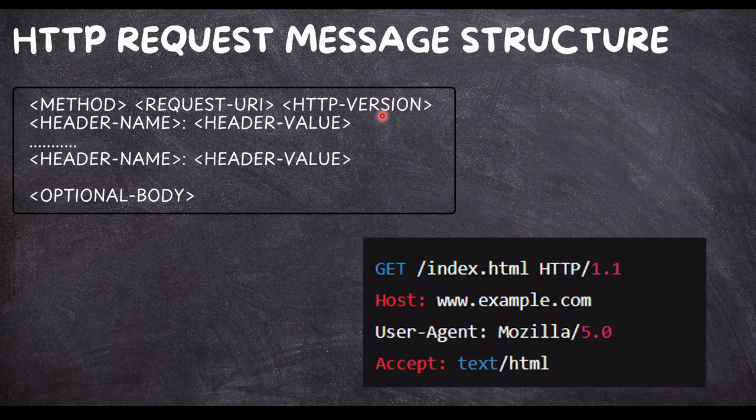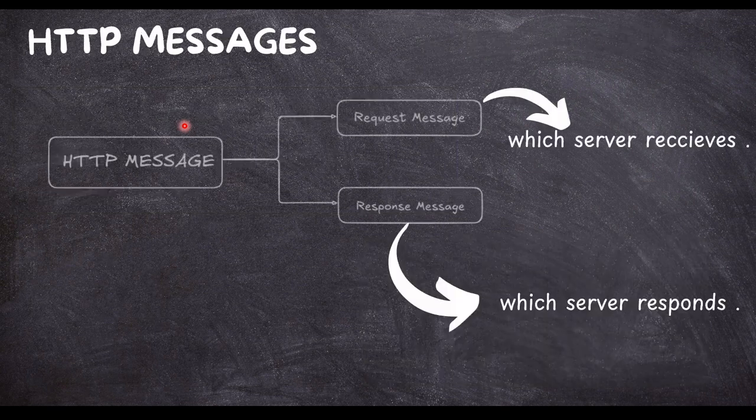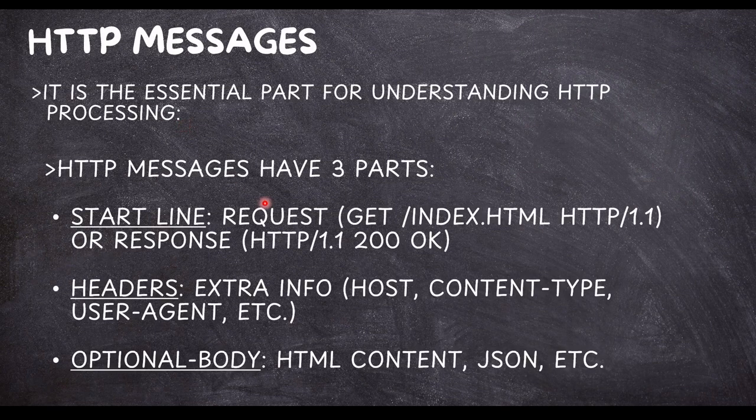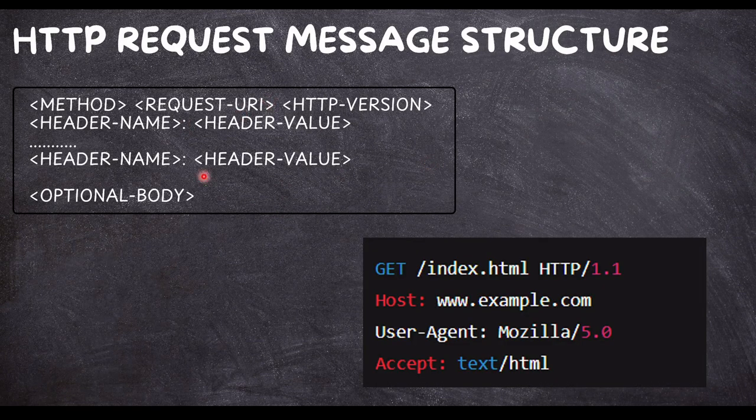Nowadays the most used HTTP version is HTTP 1.1. So here you are defining which version of HTTP you are using. Got it? So this is our start line. As I have told you, an HTTP message has three parts. One is the start line, so this is our start line.